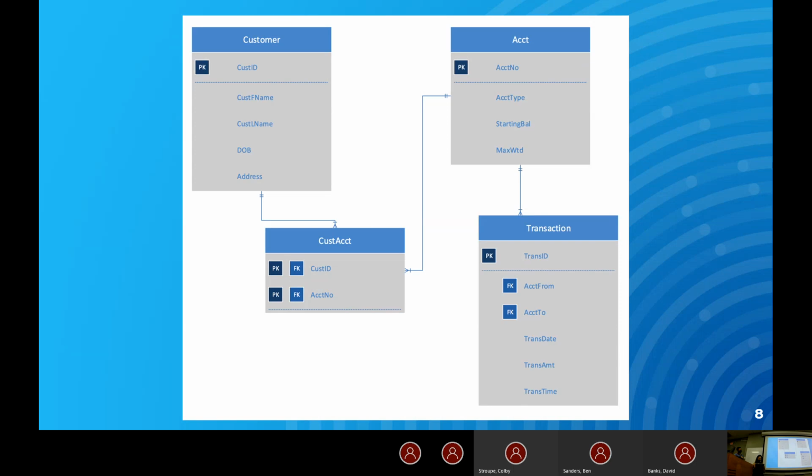The customer account entity has a one-to-one relationship with the customer entity and a one-to-one relationship with the account entity. The account entity has a one-to-many relationship with the customer account and a one-to-many relationship with the transaction. And finally, the transaction entity has a one-to-one relationship with the account.